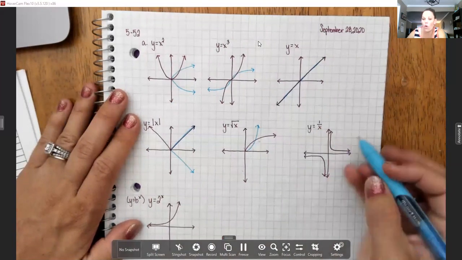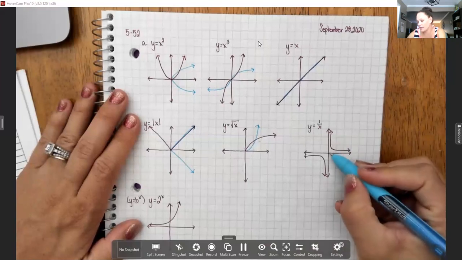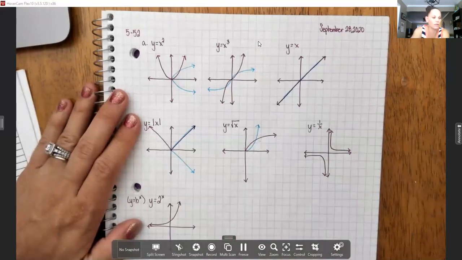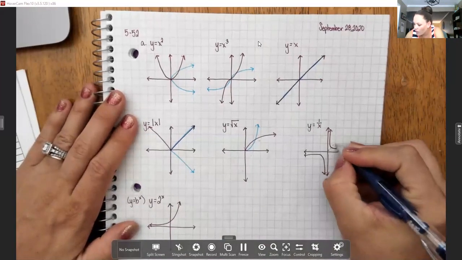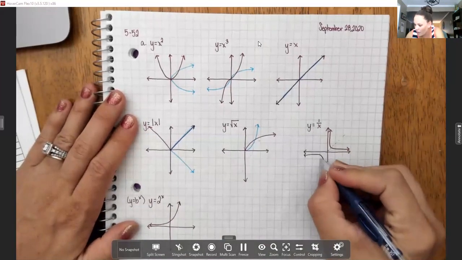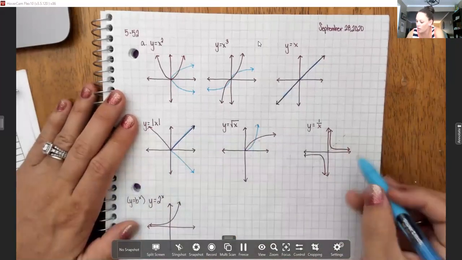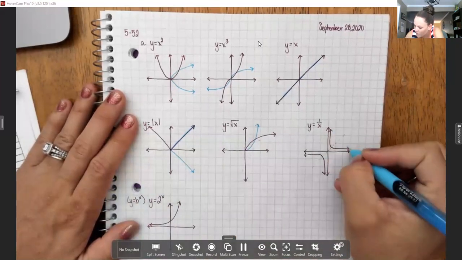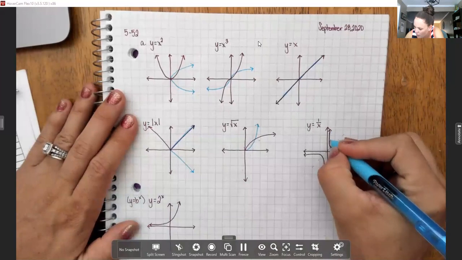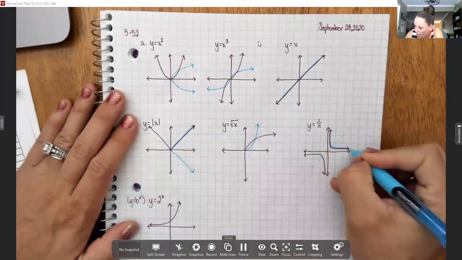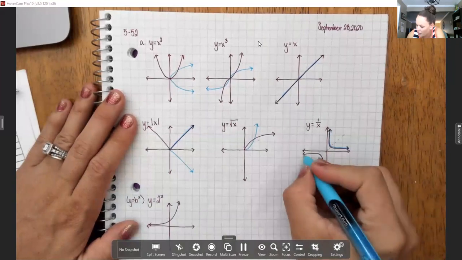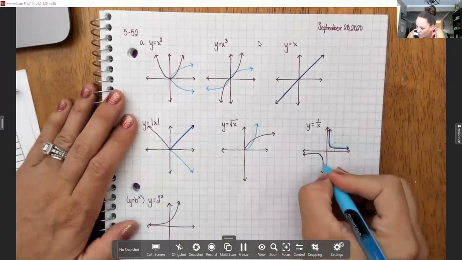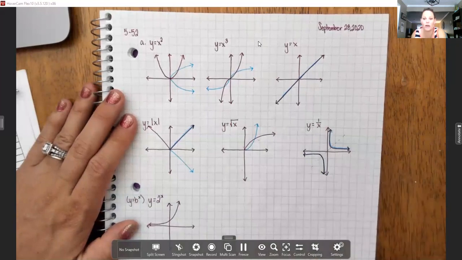Remember, our line of symmetry is this line y equals x. I'm going to draw it lightly in pencil. So if I fold over this line right here, this point is going to land on this point. And then this point would land on this point and so on. So it ends up being on top of itself.